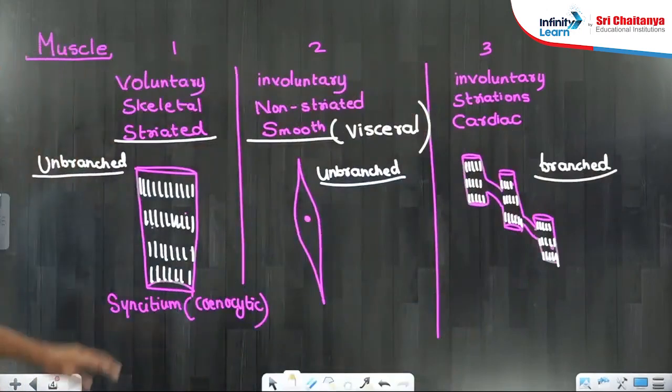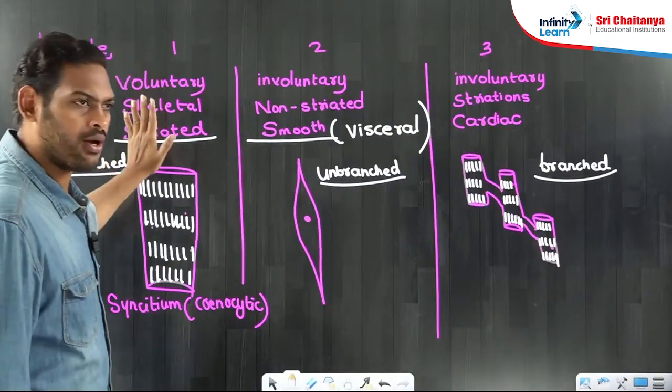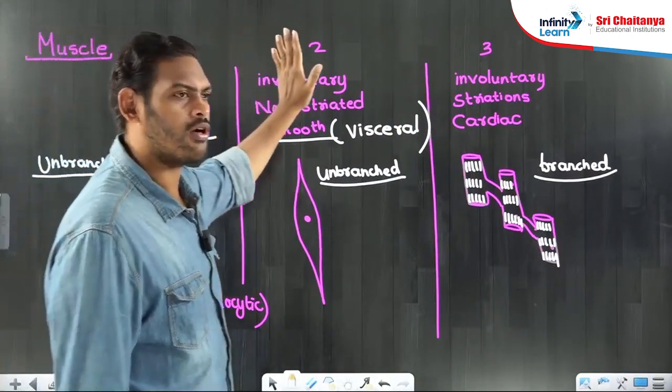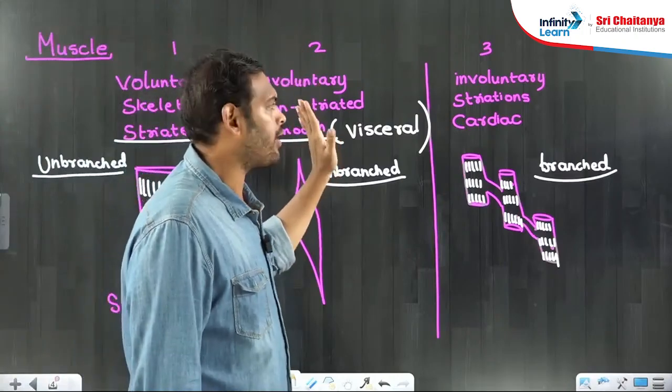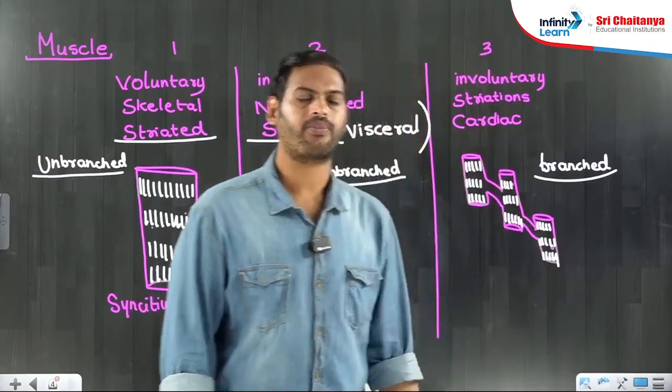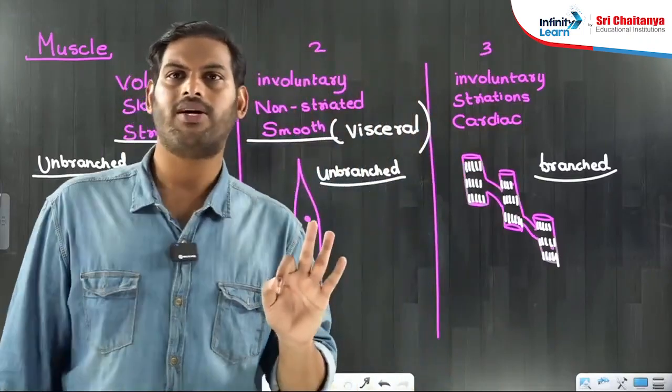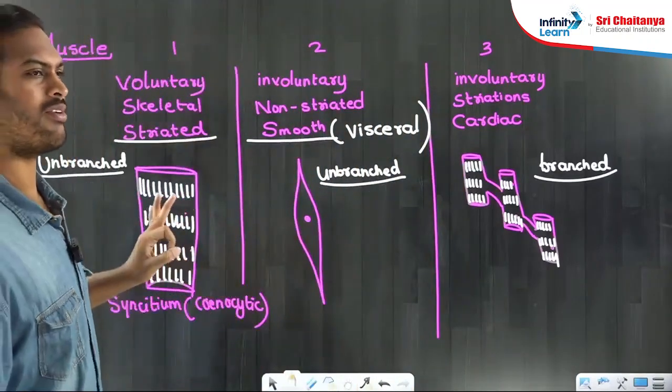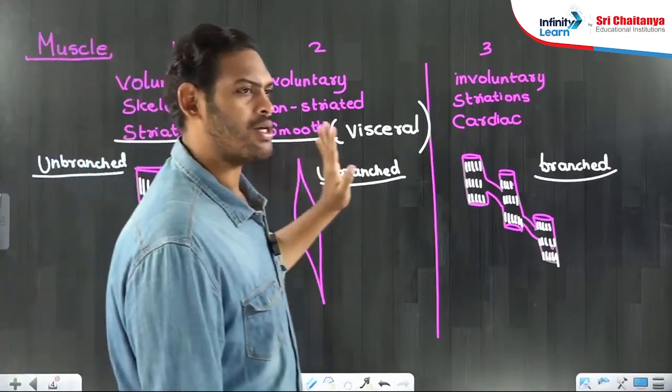So voluntary striated, involuntary non-striated, and involuntary cardiac. Three main muscle categories dealt now. Done with this, guys?